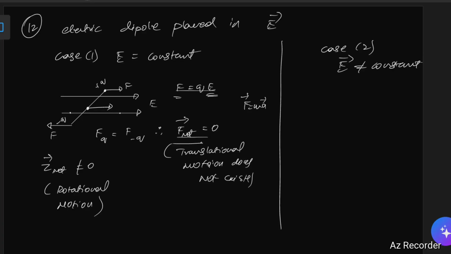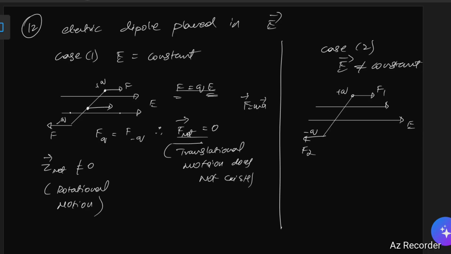Now let's see what happens when the electric field is not constant. So let's consider a non-constant or non-uniform electric field. When I place a dipole here, this is minus q, this is plus q, this force will be F1, not F, and this force will be say F2.